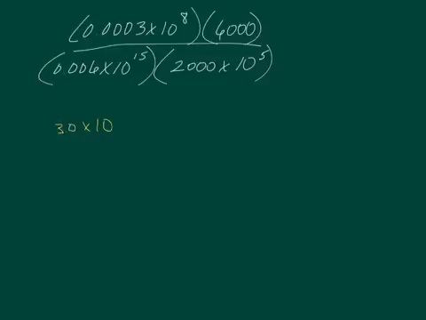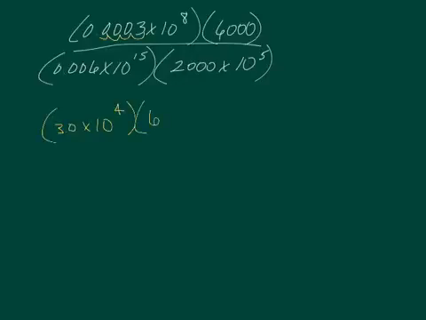We moved it 4 over to the right. 1, 2, 3, 4. When you move it 4 over to the right, you have to subtract 4. So 8 minus 4 is 4. So that's how it's correctly written.